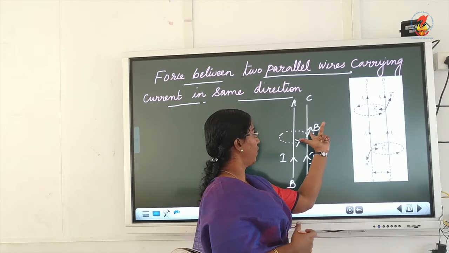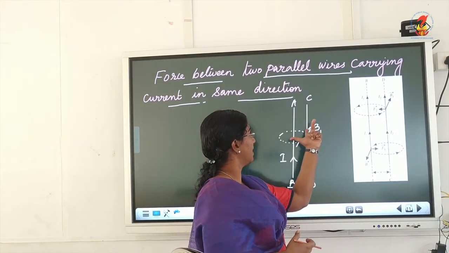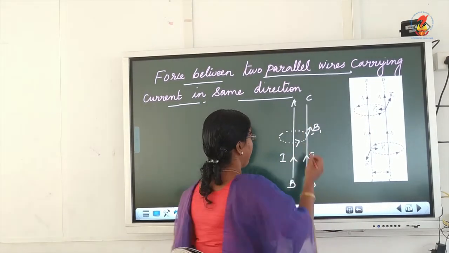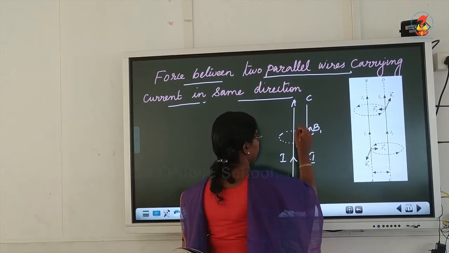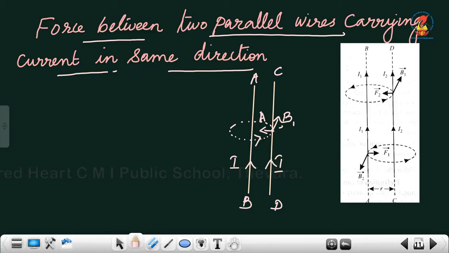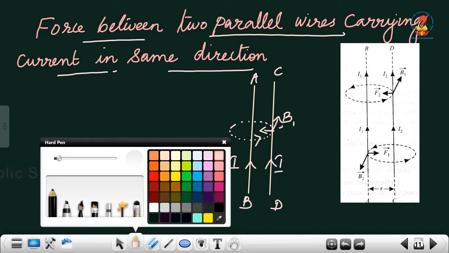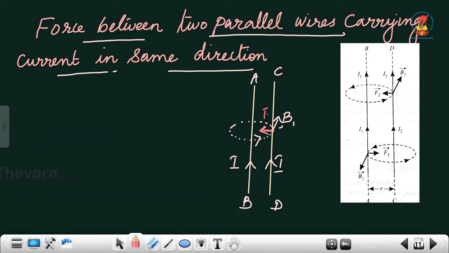So what is my direction of force? This force is towards the conductor AB. So the force on the second conductor is towards conductor AB.